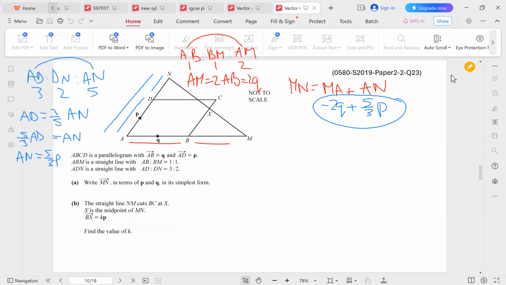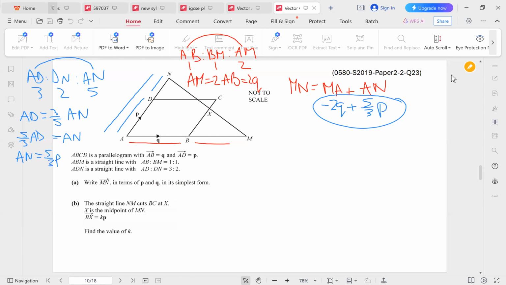In B, we are told the straight line NM cuts BC at X. X is the midpoint of MN. BX equals to KP. Find the value of K. So we want to find the value of K such that BX equals to KP. Whenever you have an issue with multiples of vectors, you need to find two equations and equate them together.